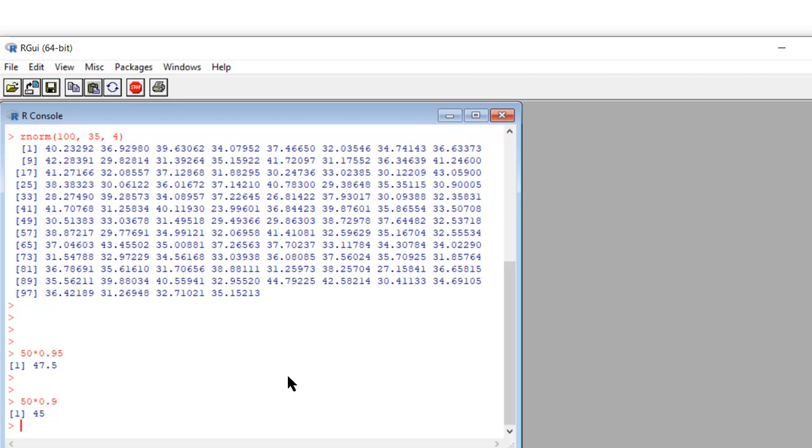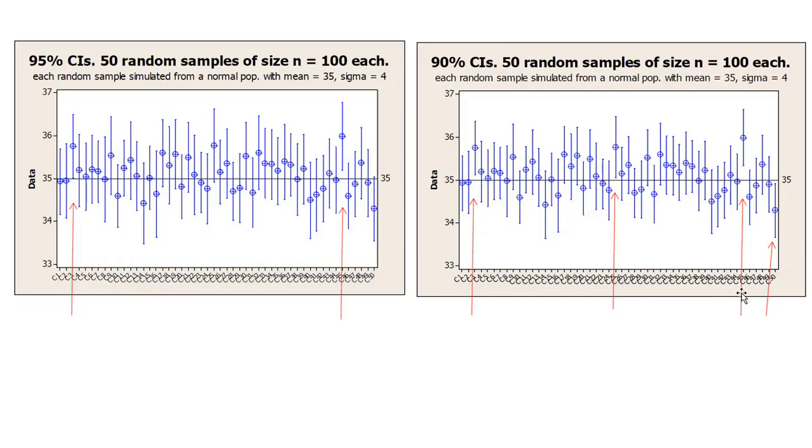So in any set of 50 confidence intervals, we would expect 45 of them to contain the population mean. In this particular set of 50, 46 of them contain the population mean. That's how expectation works. So hopefully this helps you in interpreting what confidence means and to interpret these images.